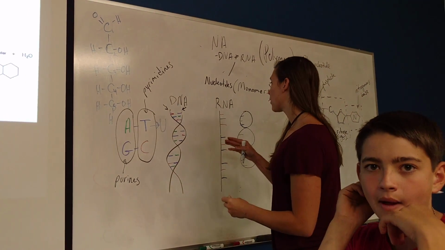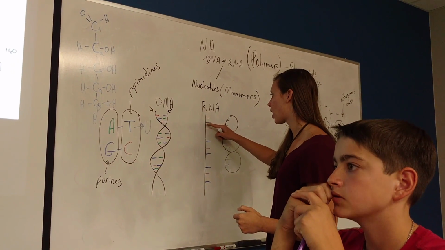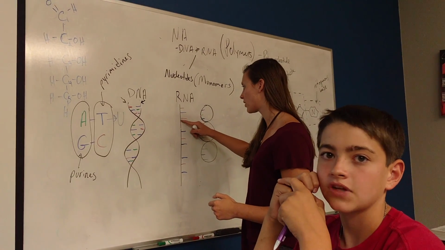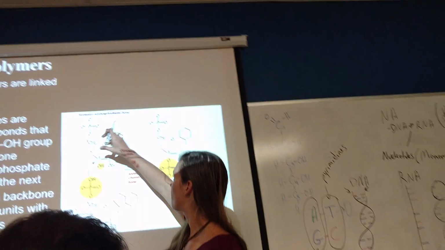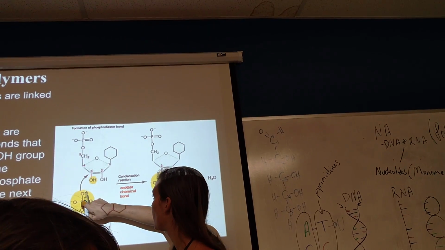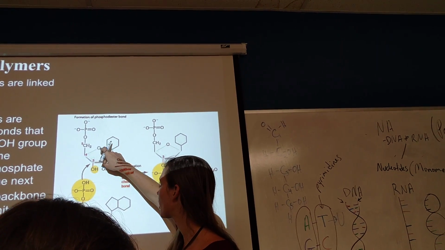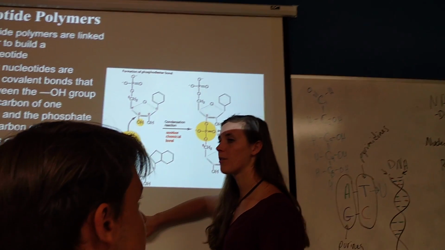It's going to alternate phosphate group to carbon ring to phosphate group to carbon ring, and it's going to attach to the 5th carbon phosphate group. The next phosphate group is going to attach to the sugar molecule at the 3rd carbon. 5th carbon to 3rd carbon, 5th carbon to 3rd carbon.